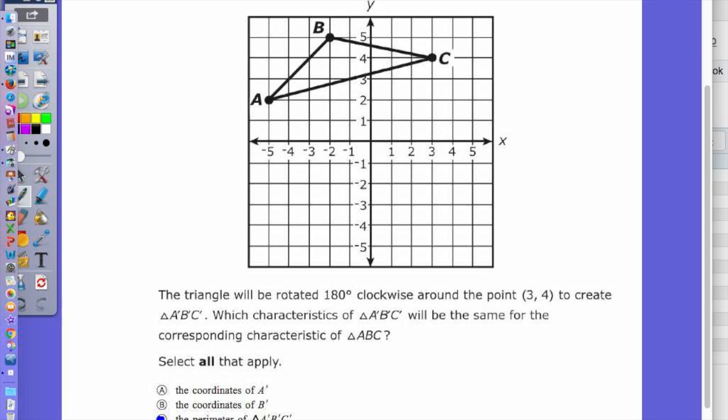The measure of the lengths of any of the segments won't change. The coordinates will change unless one of the coordinates is the point of rotation. So on this one, A and B, hold on Tyler, will change because they are not at 3, 4. C is at 3, 4. It will not change. Yes?